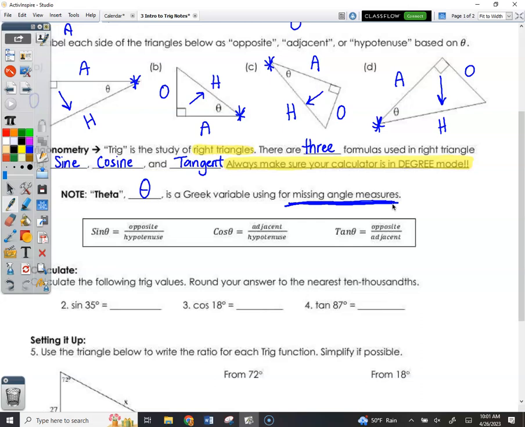I need you to know that there is more than just one letter of the Greek alphabet. Theta is the one we're going to use the most. And theta can be the one you use every time. If I throw a different one at you, you can change it to theta if you want. There are 3 more possible Greek letters that you may see. They mean the same thing. They mean a missing angle measure.